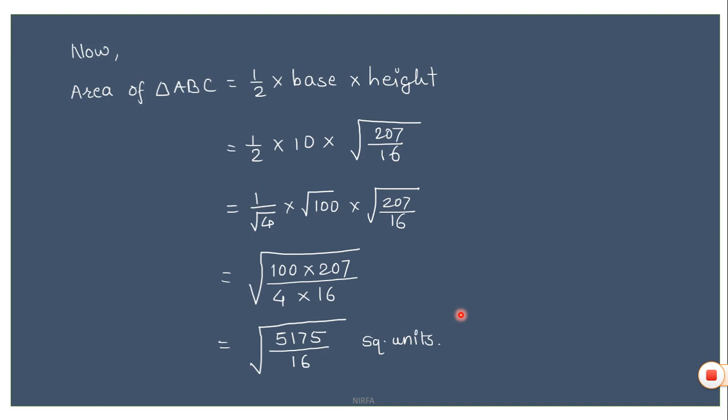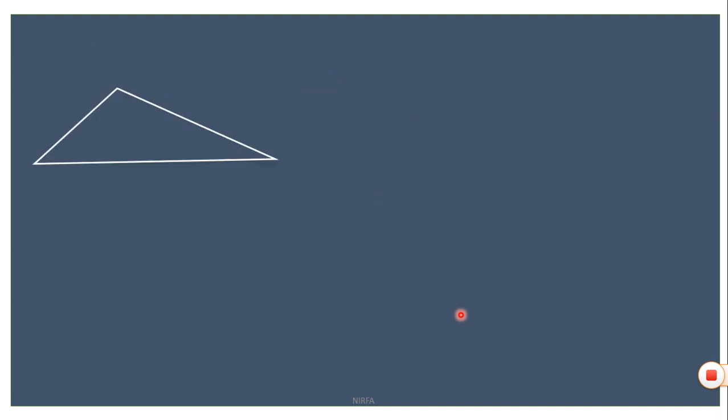But see, this was a very hectic process, because to calculate the area of a triangle, first we have to calculate the height, and to calculate the height we were facing a big problem, or big calculations we have to do.